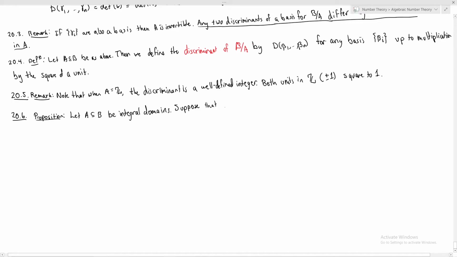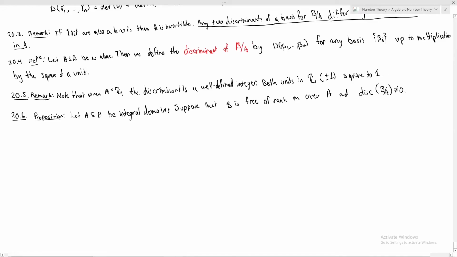We're going to suppose that B is free of rank m over A. And we're going to suppose that this discriminant of B over A is not 0.